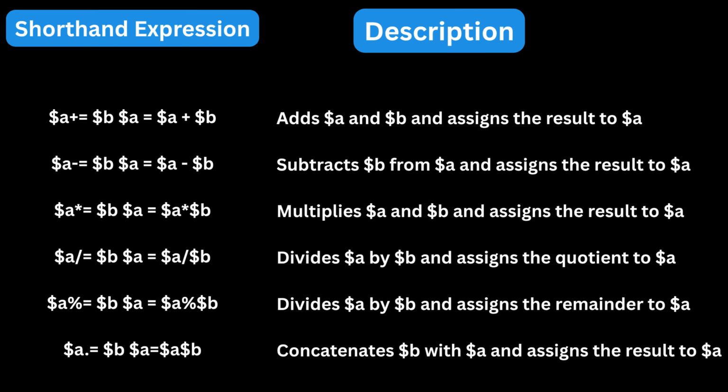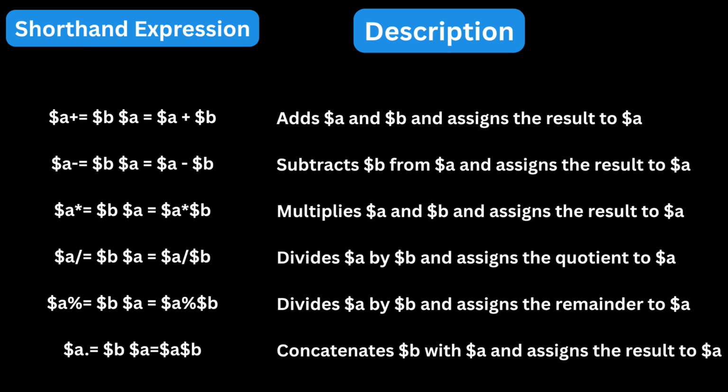This part of the topic explains how PHP's combined assignment operators act as shorthand for longer arithmetic or string expressions. Each operator modifies the current value of a variable and then immediately stores the new value back into that same variable. When you see the expression $a += $b, you should read it as add $b to $a and put the result back into $a.